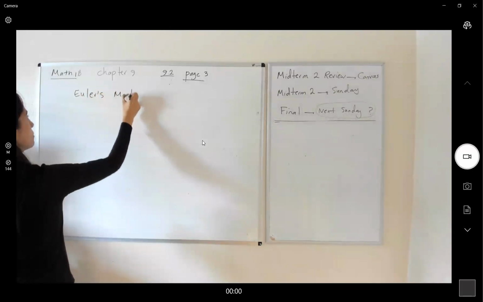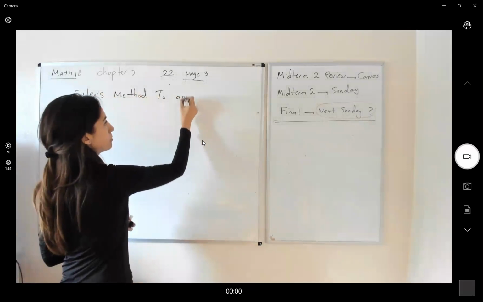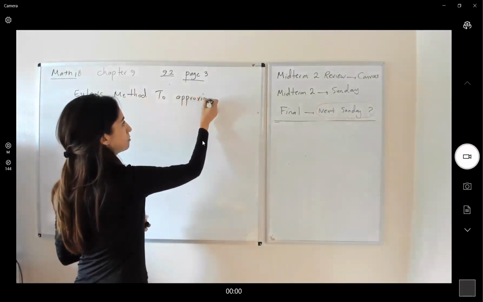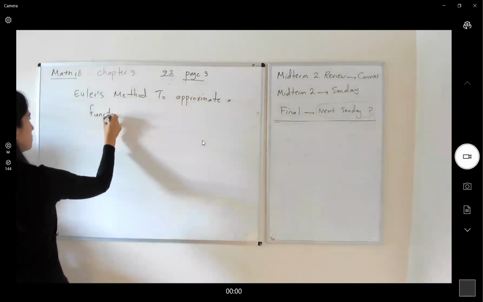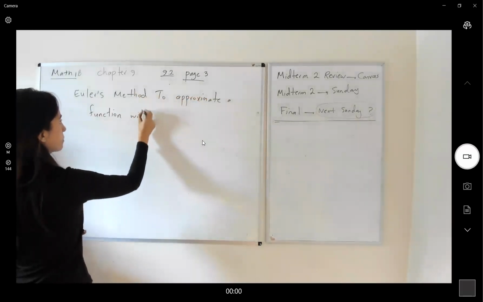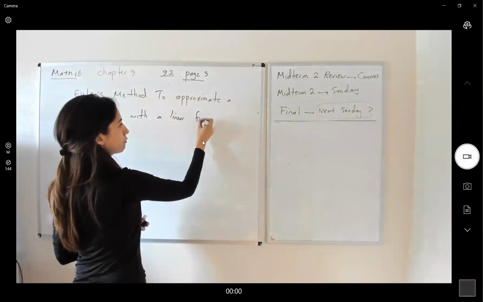Euler's method to approximate a function, a linear function.